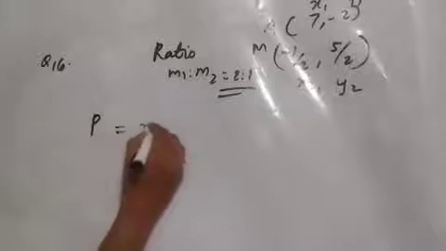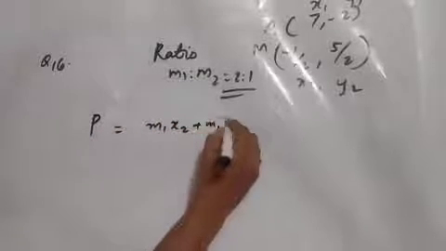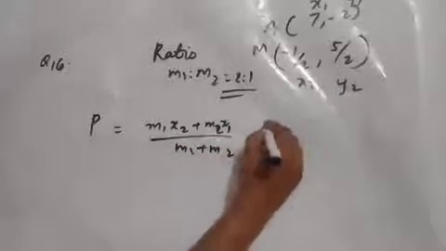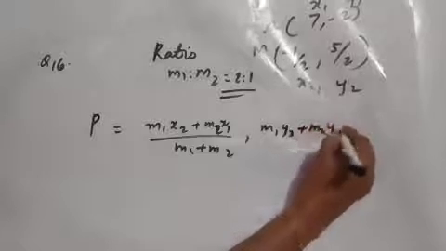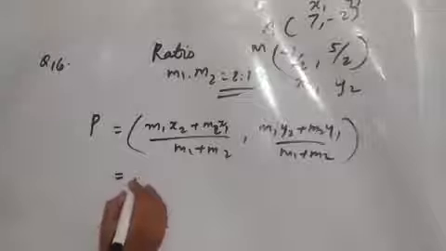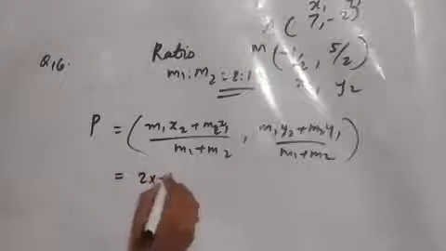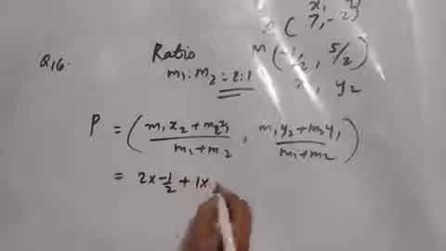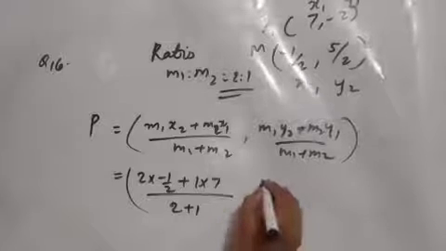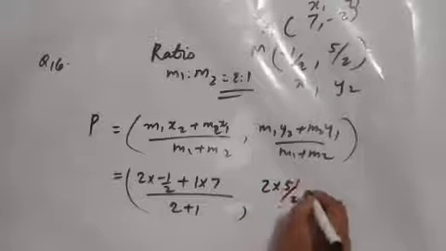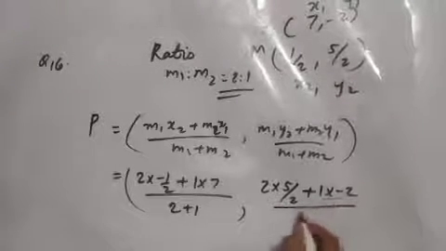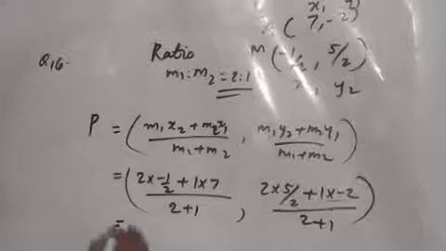P is equal to (M1 x2 plus M2 x1) by (M1 plus M2), (M1 y2 plus M2 y1) by (M1 plus M2). That's equal to (2 into minus half plus 1 into 7) by (2 plus 1), (2 into 5 by 2 plus 1 into minus 2) by (2 plus 1).